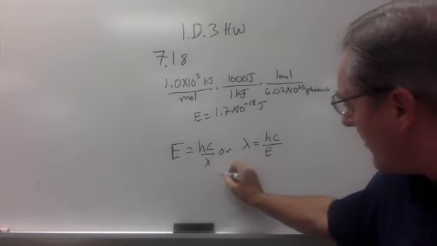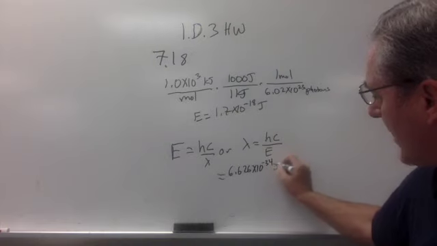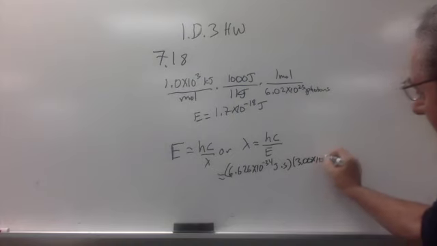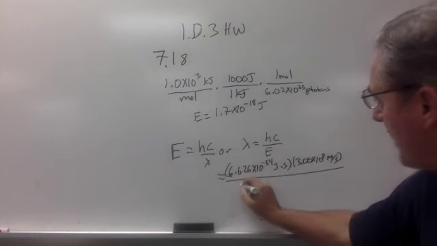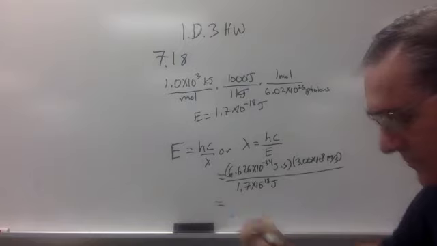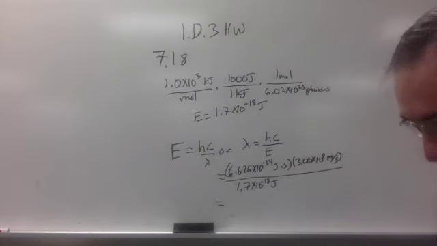So plugging in our numbers, 6.626 times 10 to the minus 34 joule seconds, 3.00 times 10 to the 8th meters per second, and the energy of 1.7 times 10 to the minus 18 joules. Once again, remember to divide by putting it in parentheses.